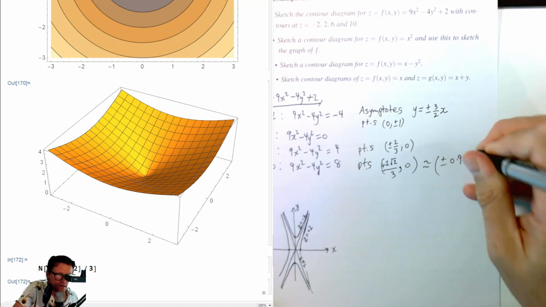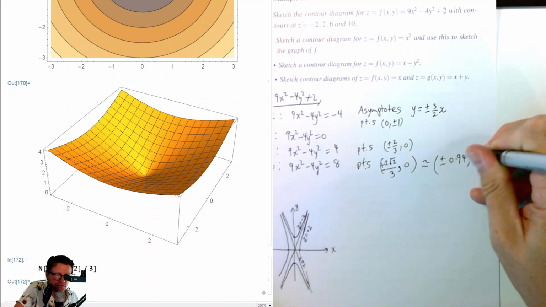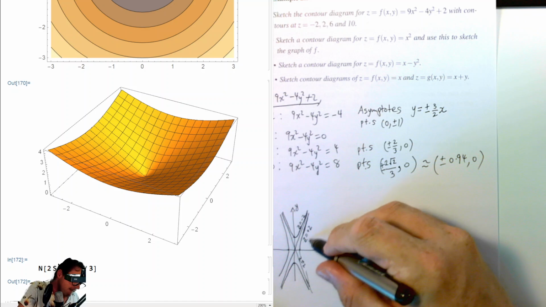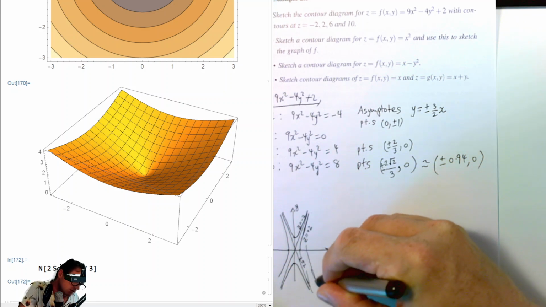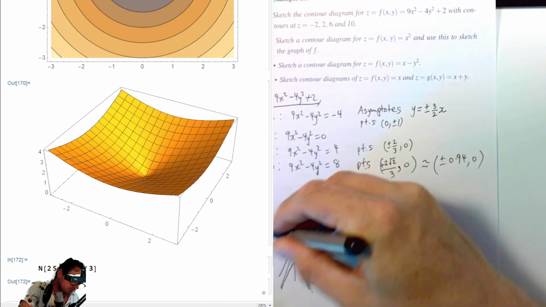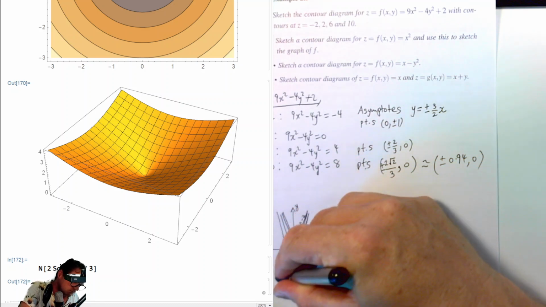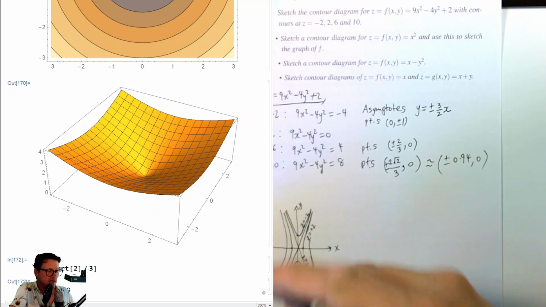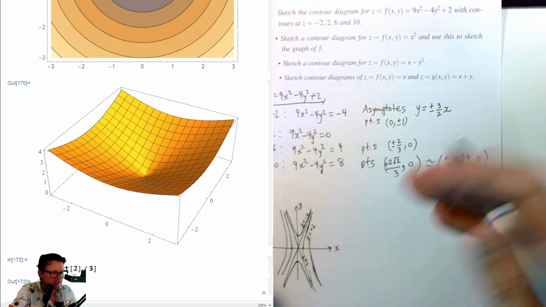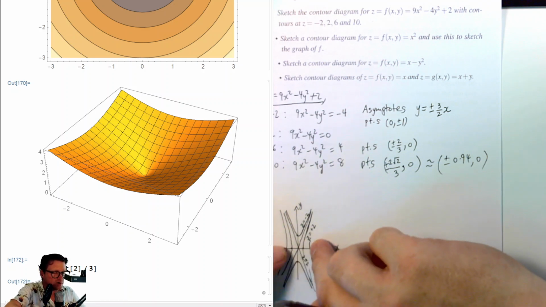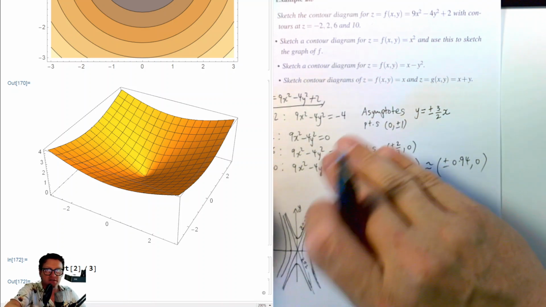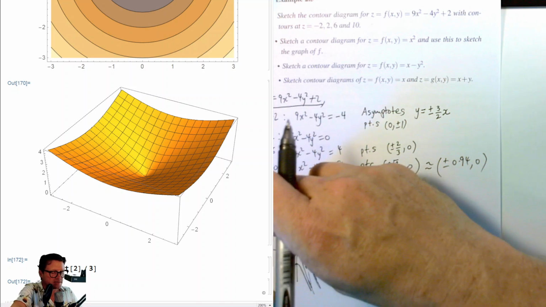So 0.94 or so. All right, so anyway, it's going to look like this, tending towards that asymptote. Okay, and so from that, you can imagine a saddle where these are the various heights. So for positive heights, they're coming around like this, and for negative heights, they're going this way.